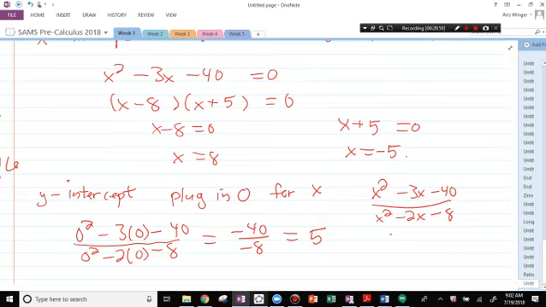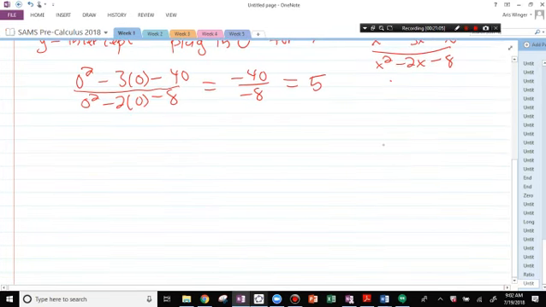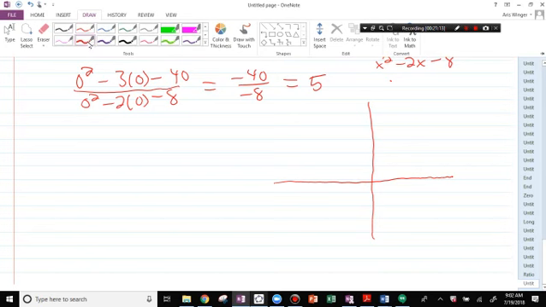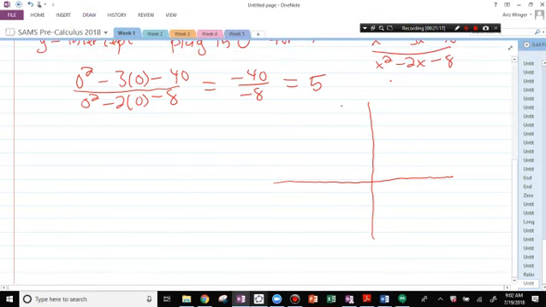And we're almost done in our ability to draw this thing, right? I know I have serious problems at -2. I know I have serious problems at 4.